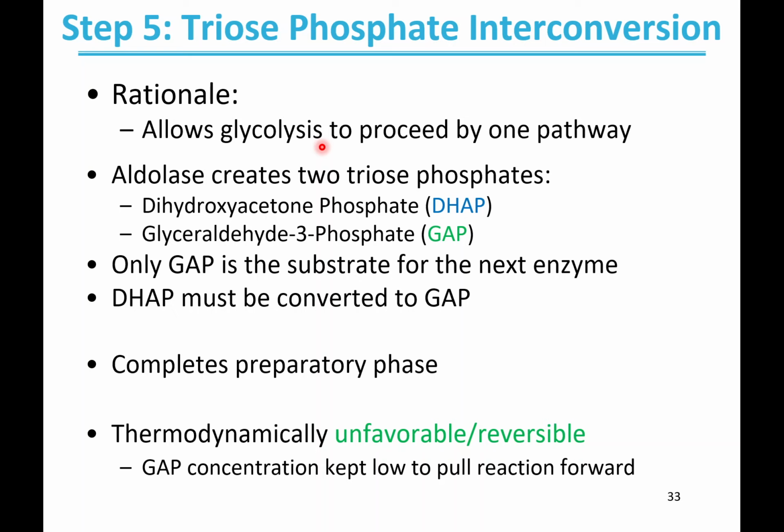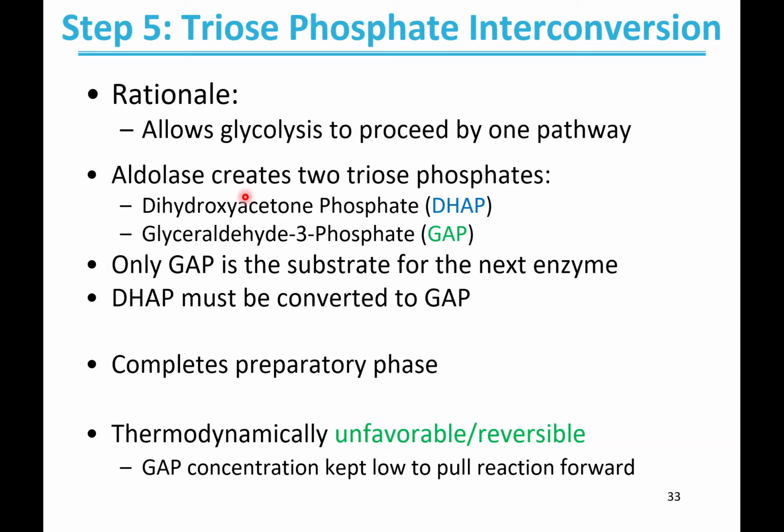If you didn't do this step and you had one dihydroxyacetone phosphate and one glycerol aldehyde 3-phosphate, those would have to go through 2 separate pathways after that. But now you convert it into 2 molecules of GAP, and you can send them both down the same pathway. So in a sense, it simplifies things.